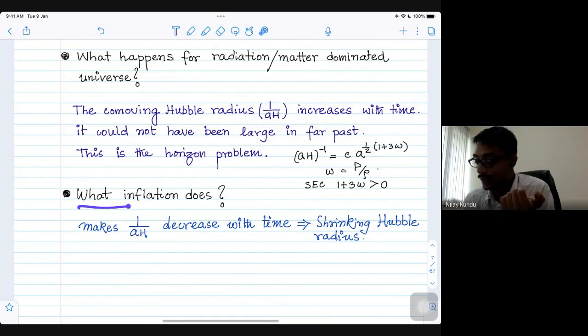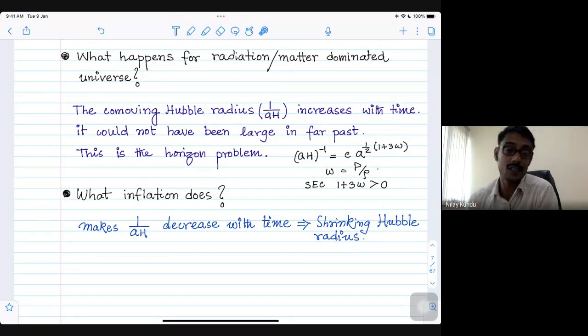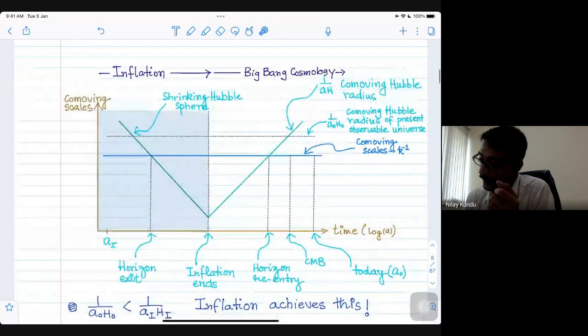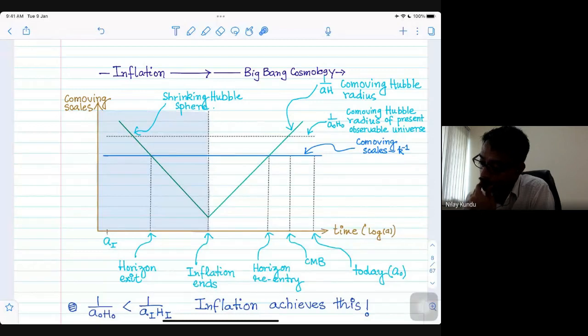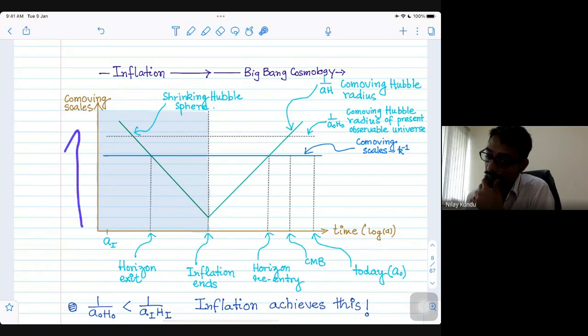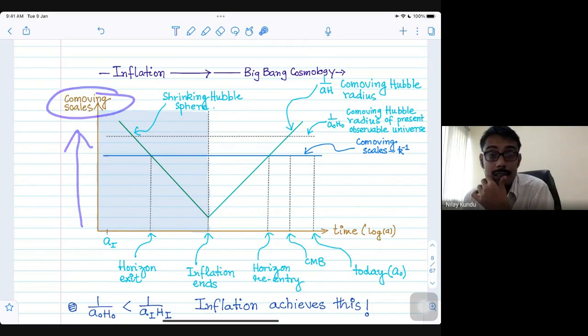But what inflation does is that it makes 1 over H decrease with time. That means this Hubble radius is shrinking with time. So I think this will be clear in this picture, where the x-axis is time, cosmic evolution, and on this axis I'm plotting co-moving scales.